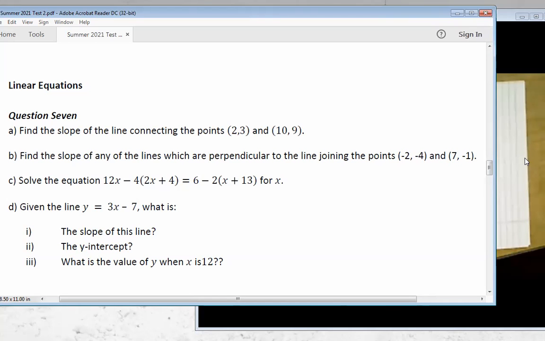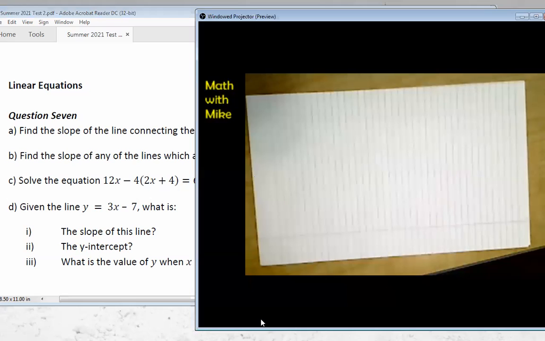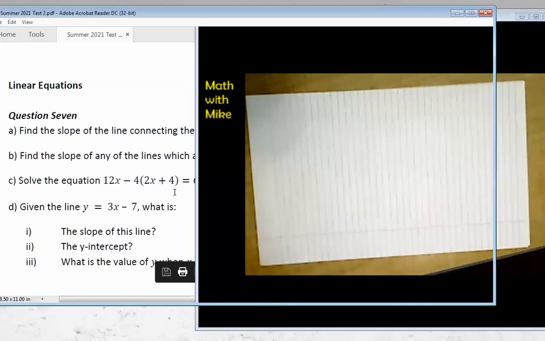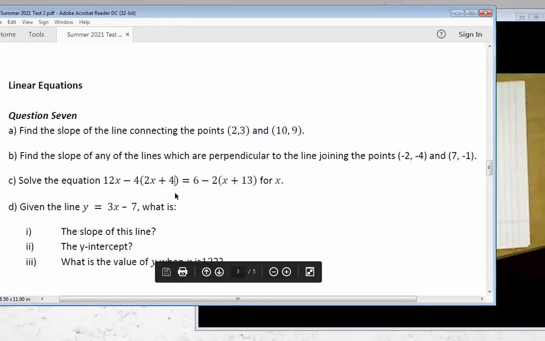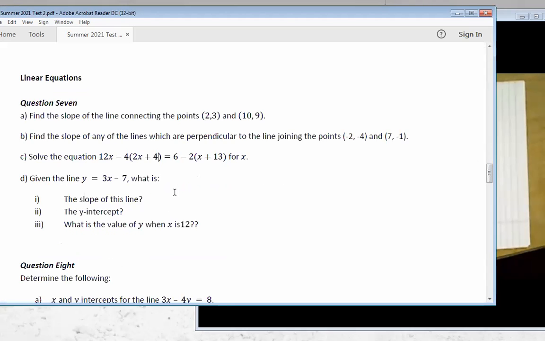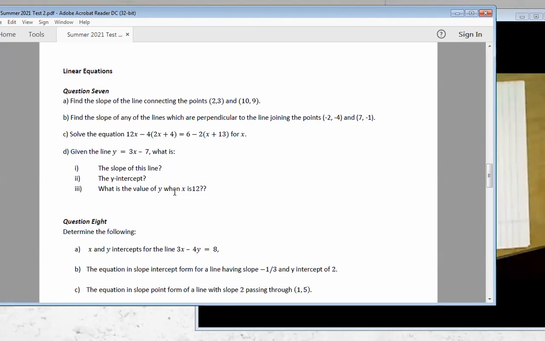Question B, we'll get there. Question 1 first, or question A. Since we got those 2 points, we can just find the slope using the slope formula. Maybe that. Class, can you see that okay? Still all right? Okay.